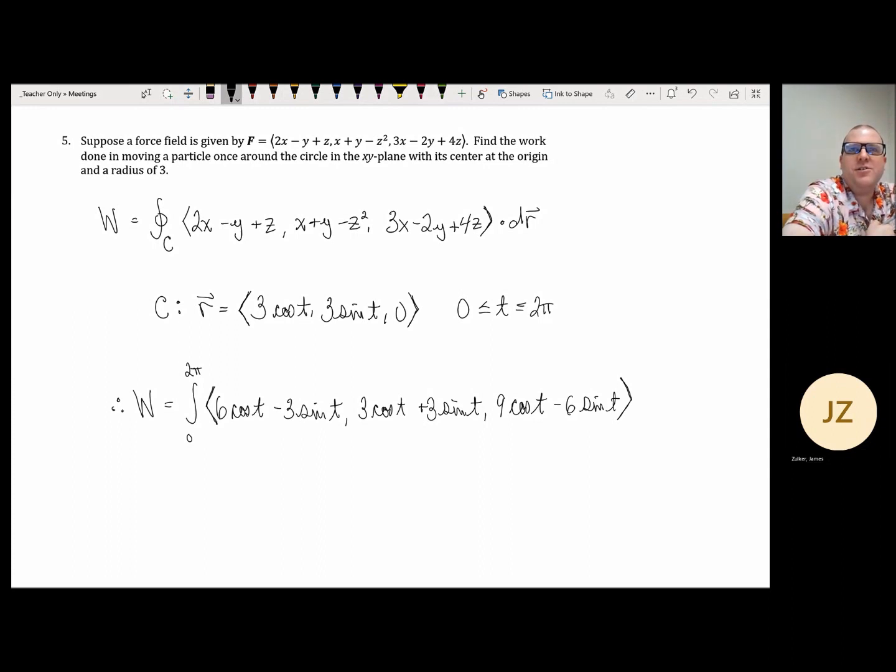So there's f of r, dotted with r prime, dt.